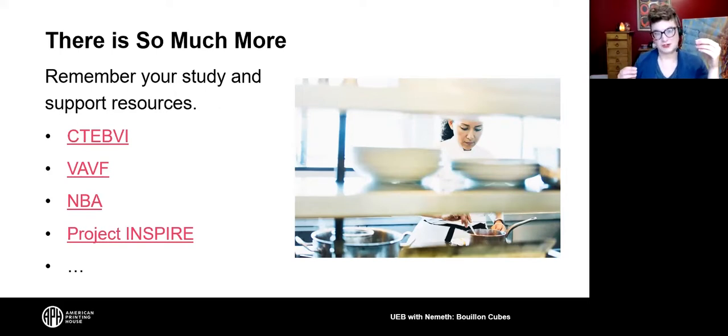My first answer to the question, do recipes need to be transcribed using UEB with Nemeth, is, can you ask the user? This is sort of what NFB said in response to the discussion about what students were going to use, whether it was UEB or UEB with Nemeth. And they said, you gotta do what's best for the individual Braille user.